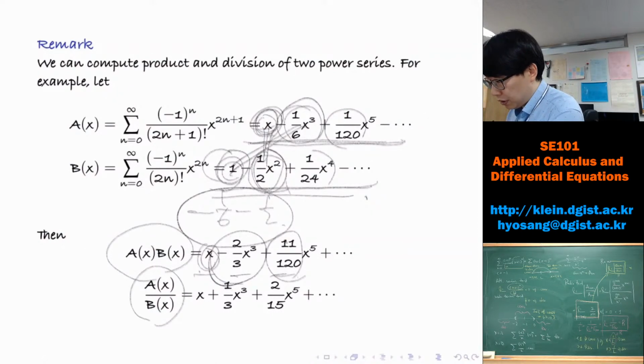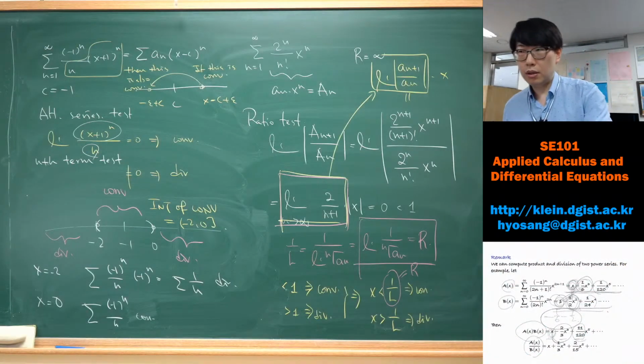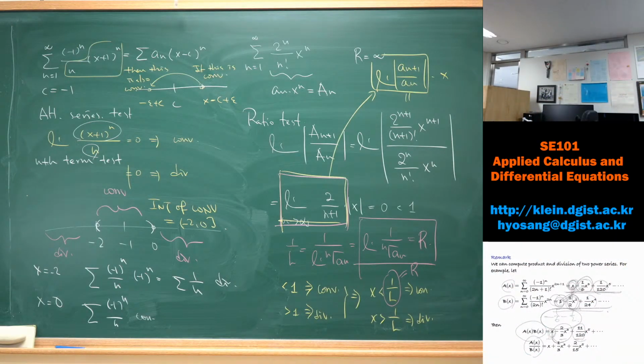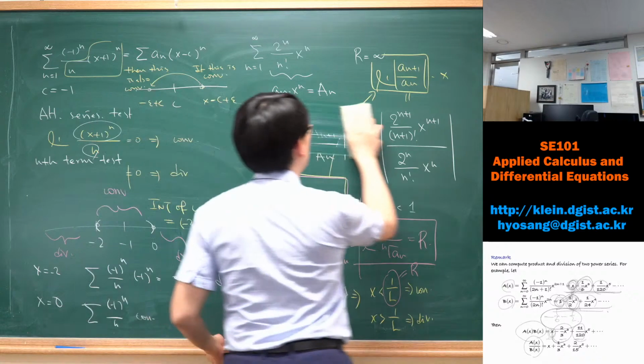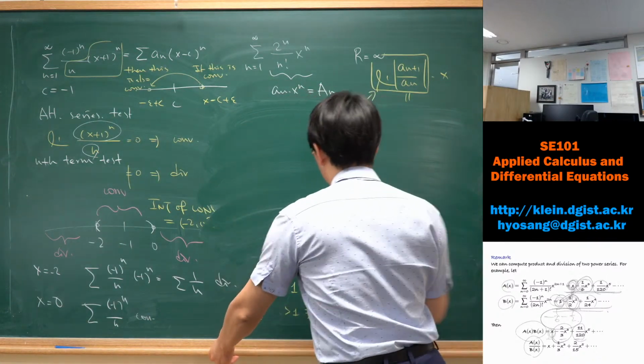The same thing goes for division. So we are dividing A by B. Let me do that on the board. I think you have already done that when dividing two polynomials. It's almost like a polynomial, so it's not hard.